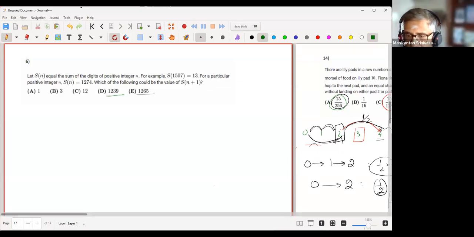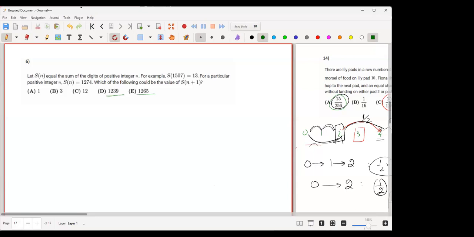Soham, what did you do to get 1239? So I found the difference between 1274 and 1239, which was 35. So n must end with 9.